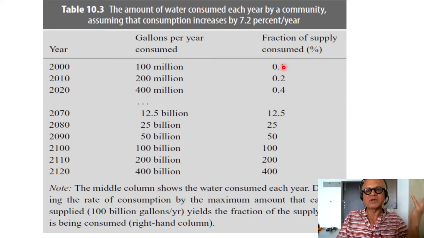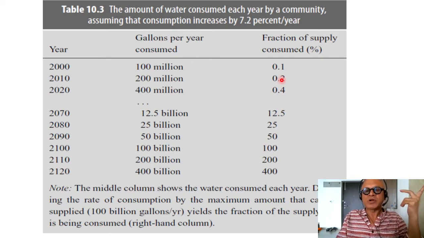0.1%, that's pretty tiny. But if you increase the consumption at 7.2% per year, by 2010 you are going to be consuming 200 million. So you have doubled your consumption. You think it's still only 0.2%, so it's still pretty small.